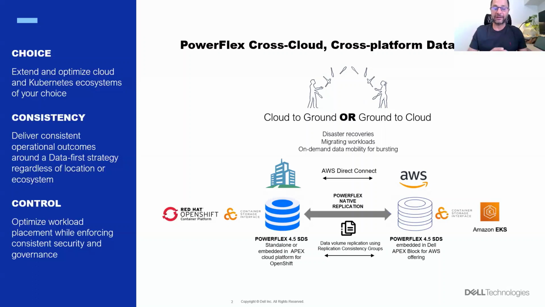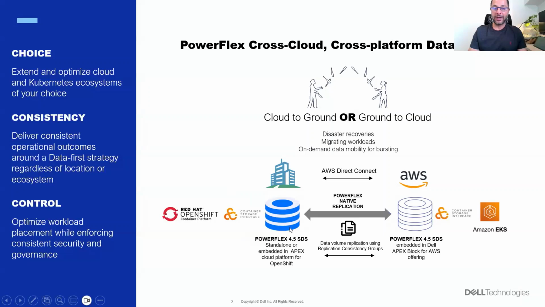So it's an end-to-end offering. Regardless, you could have OpenShift as a regular version or the Apex Cloud Platform for OpenShift from Dell. And then through the CSI, it's basically consuming the block storage from the on-premises PowerFlex 4.5 software-defined storage.